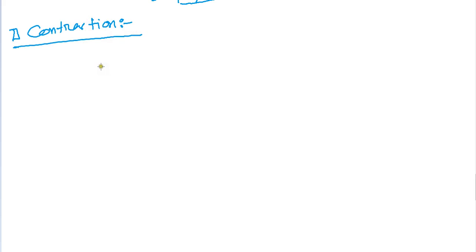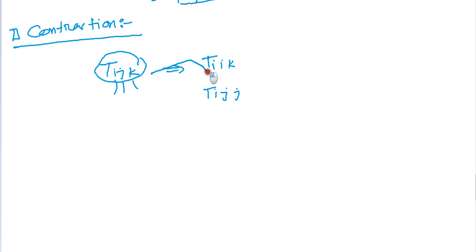For example, if we have indices i, j, k, then contraction would reduce the number of indices, say to i, k or i, j. It doesn't matter, because we have three indices here, but it reduces them by two.